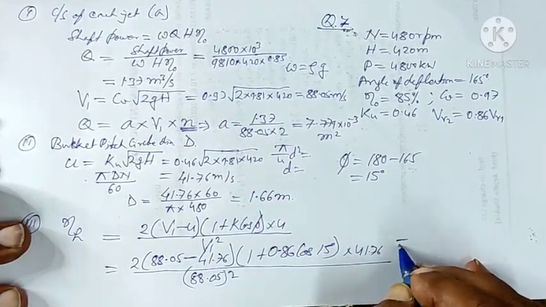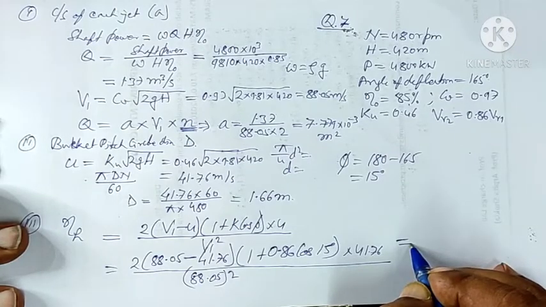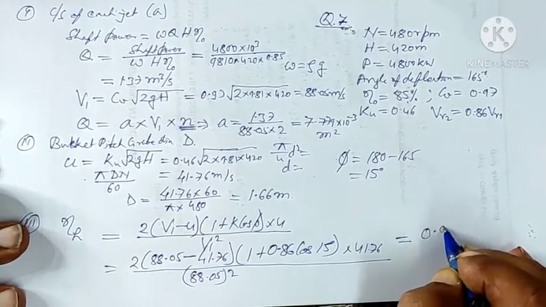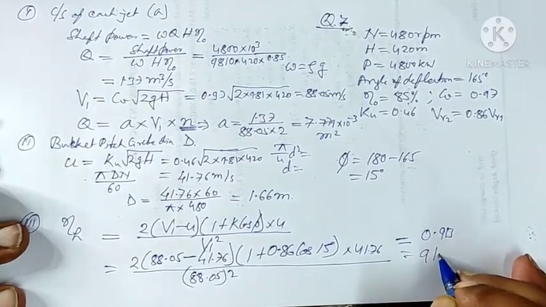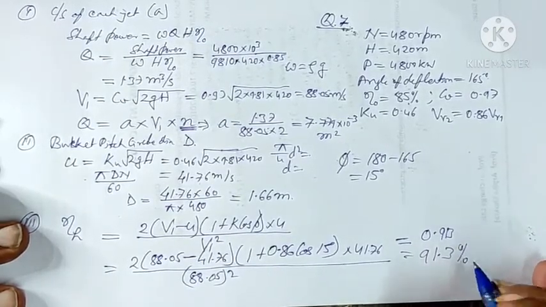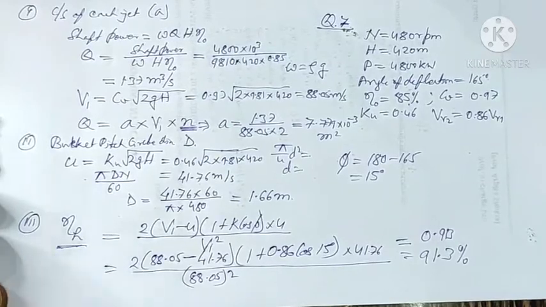So this comes out to be equals to 0.913, or we can say 91.3% is the hydraulic efficiency of the turbine.